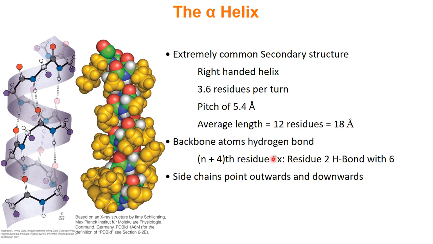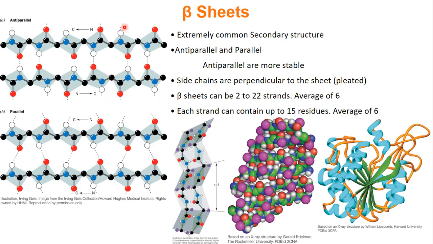So if you're looking at residue 2, you put the 2 in for N. It will hydrogen bond with residue 6, and it's always between the carbonyl carbon and amide nitrogen, where you have this nice continual hydrogen bonding network. The side chains are pointing outwards from the helix, and they can point downwards as well. So that's your basic alpha helix structure.